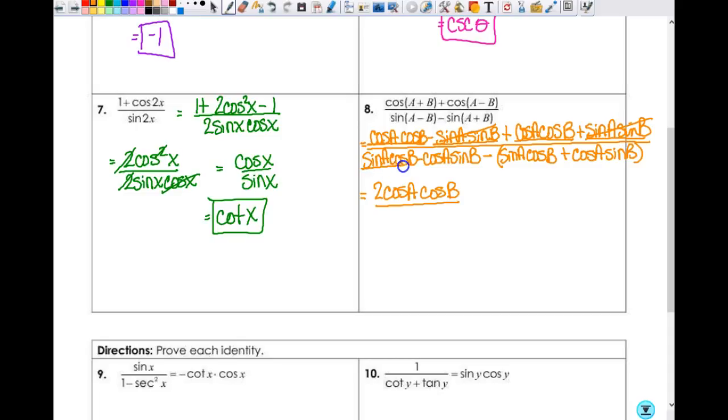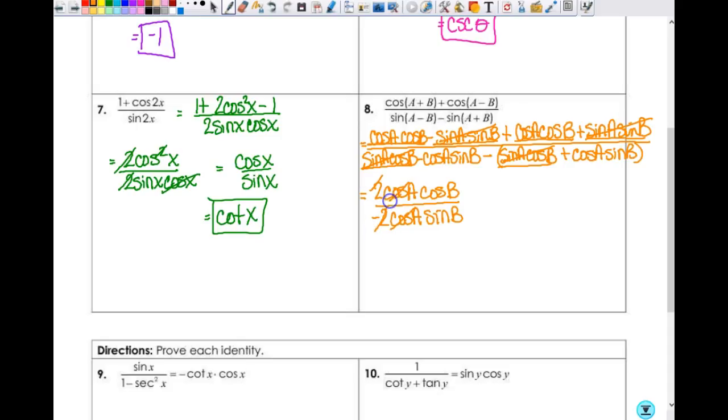Then I have sine a cosine b, then minus sine a cosine b, so those two cancel each other out. I have this negative cosine a sine b and a positive one, but they don't cancel each other out because I have to distribute this negative. So it's really negative cosine a sine b minus the same thing, so you get negative 2 cosine a sine b. So then the 2's will cancel out.